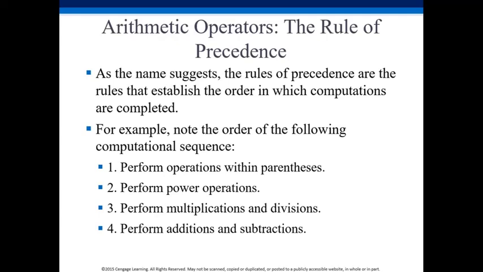It is similar to MDAS: parenthesis, multiplication, division, addition, and subtraction. First, operations within parentheses are performed, then power operations, if there is a raised to something. Then we have multiplication and division, and then the addition and subtraction are performed last.